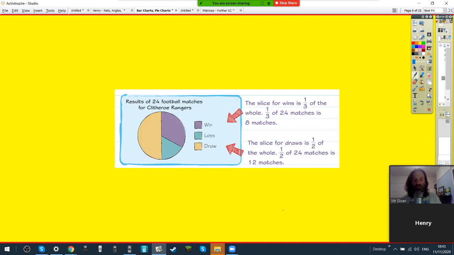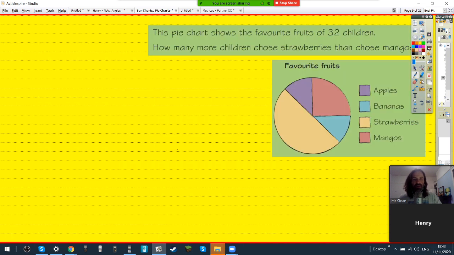That's how you do this one. So half of 24 is 12. A third of 24 is 8. And so then this one was... Other way around, sorry. Yeah. 8. And that was 4. Okay, let's try this one.